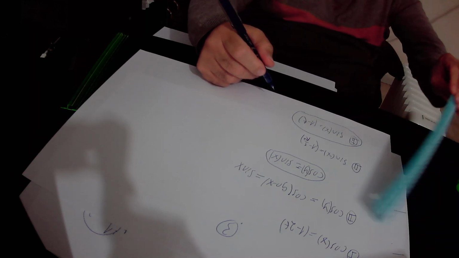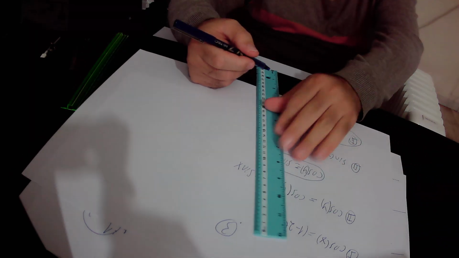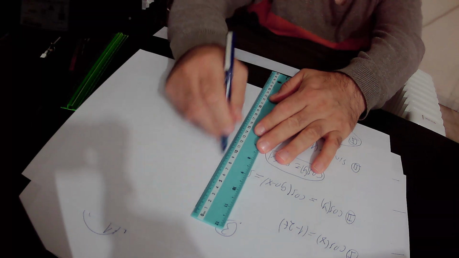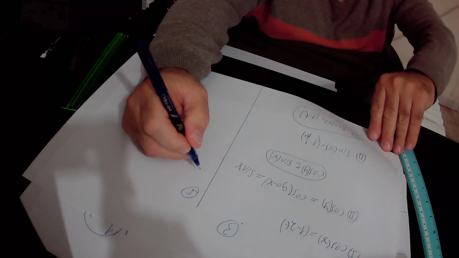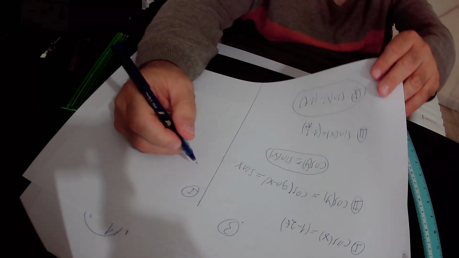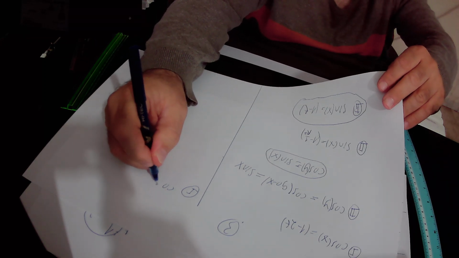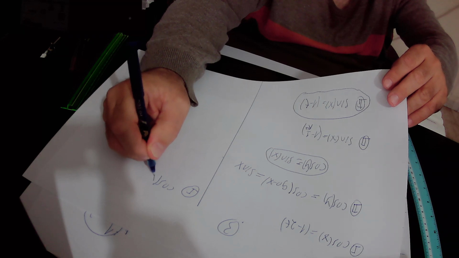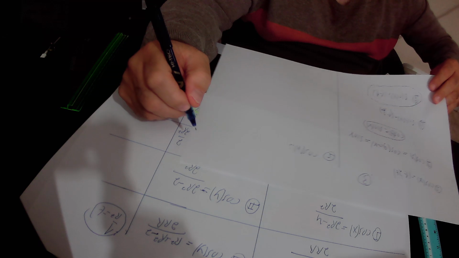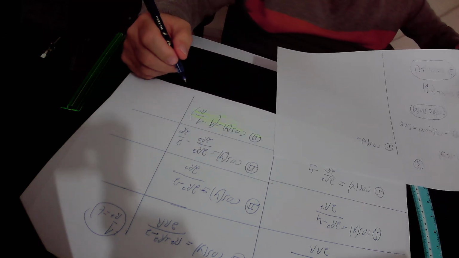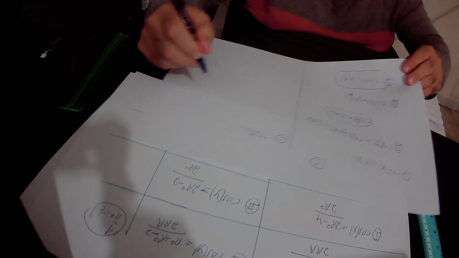while according to equation number 1, we have already found out that cosine x equals 1 minus 2t.